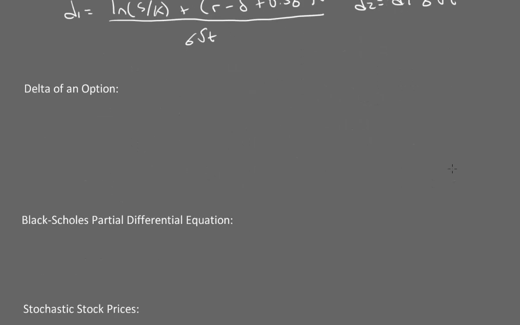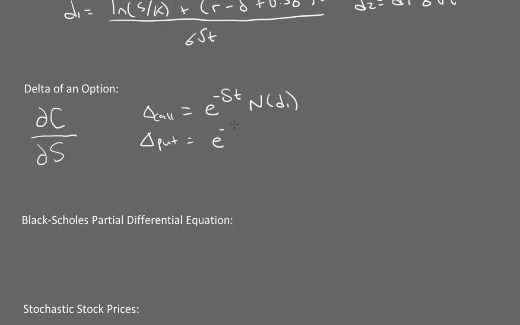Another concept that can be tested on the exam is the delta of an option. Now the delta of the option, if we have the option price C, is the change in the price of the option over the change in the price of the stock. So the delta of a call is equal to e to the negative delta t N of d1, and the delta of a put is equal to e to the negative delta t N of d1 minus 1.